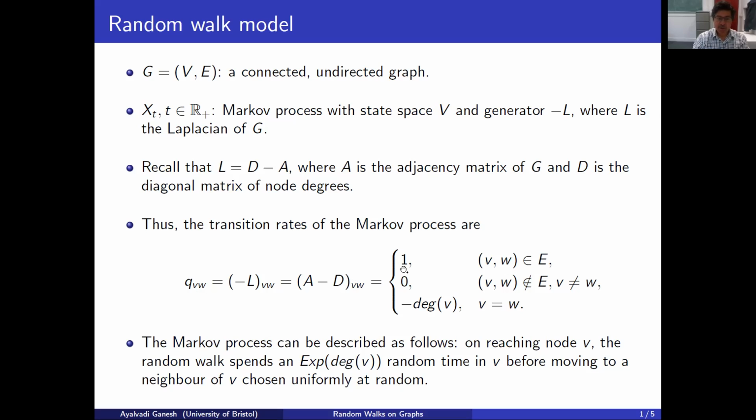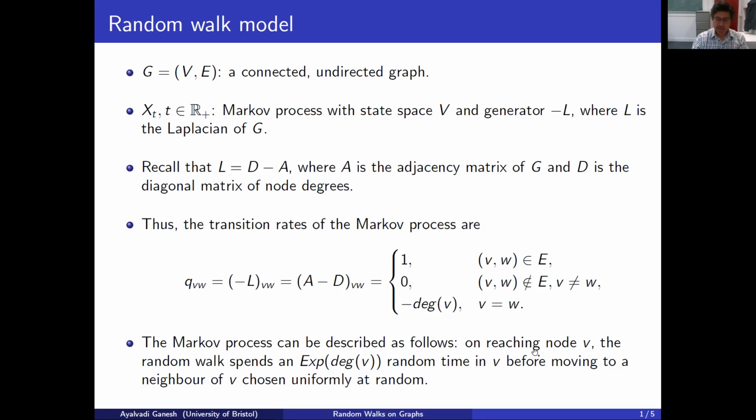The rate gives you the probability of a transition in some infinitesimal time interval delta. So the probability that in a very small time interval delta the random walk moves from v to w is 1 times delta. It's just delta. And the diagonal term gives you the total jump rate from a state of the Markov chain. Here, the state is the vertex.